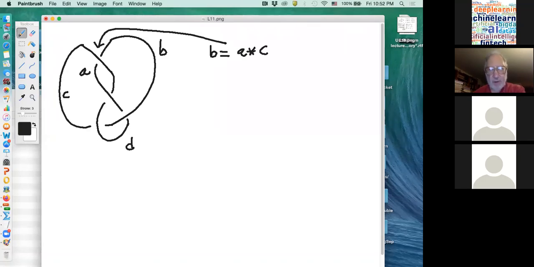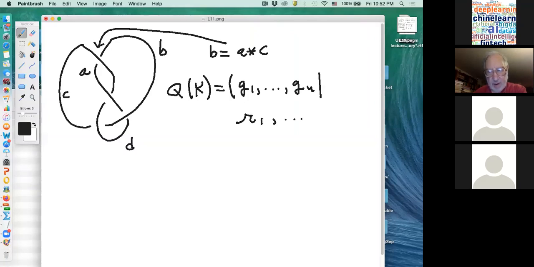But in general, what am I going to get? I'm going to get that the quandle of a given knot is given by generators G1 through Gn and relations R1 through Rm.